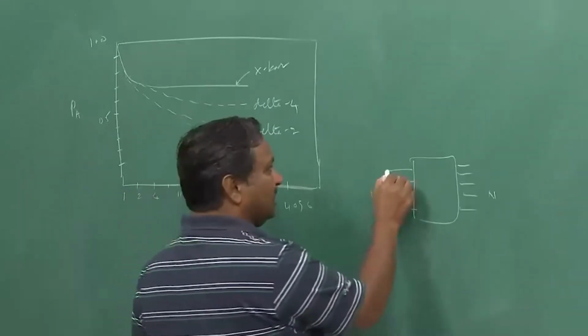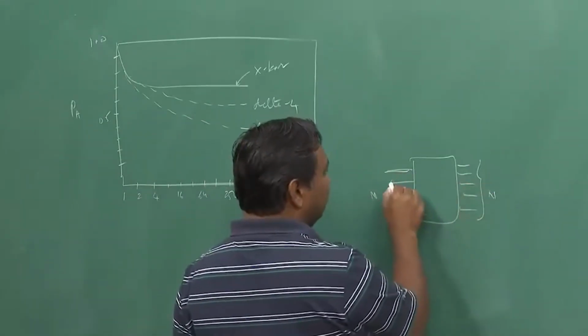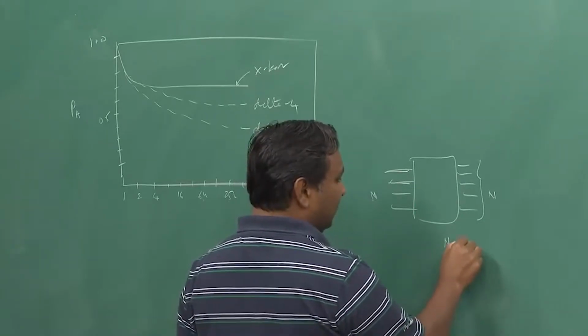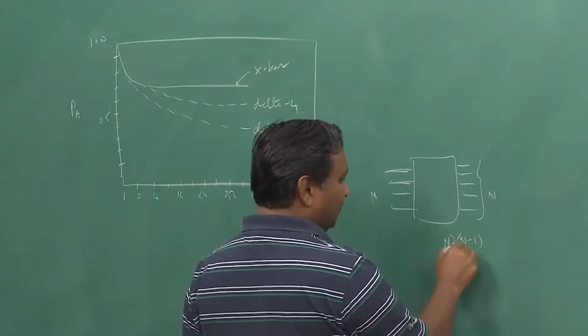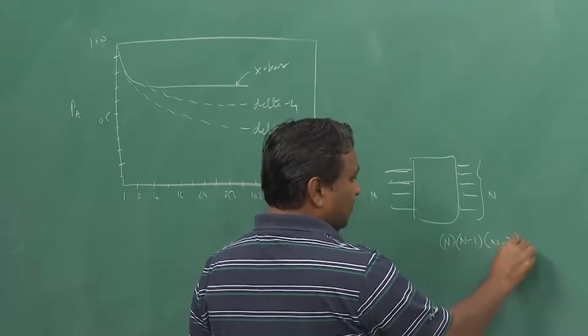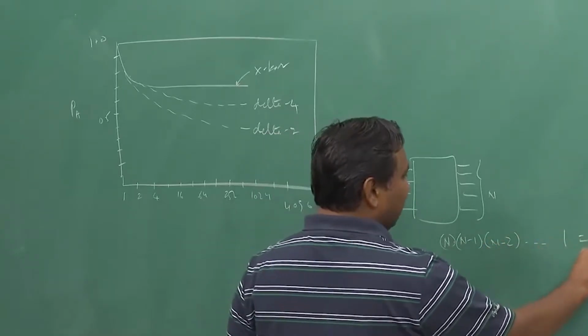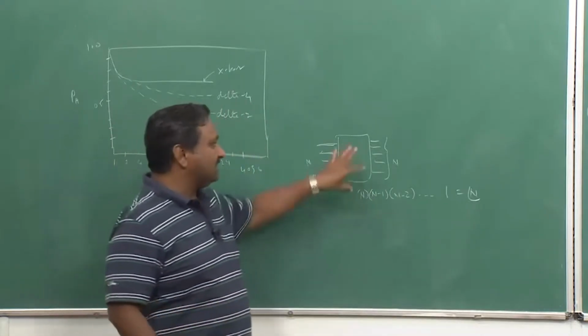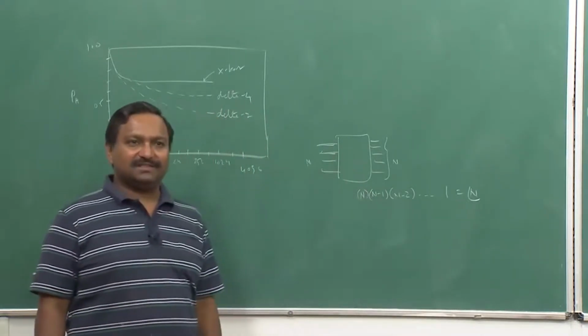One input can get connected to n of them, the second one can connect to the remaining n minus 1. So it will be n into n minus 1 into n minus 2 till 1. This will be n factorial. So n factorial connection patterns are supported by this.